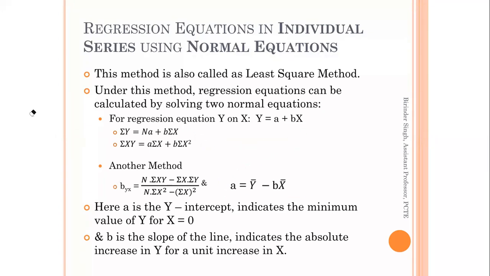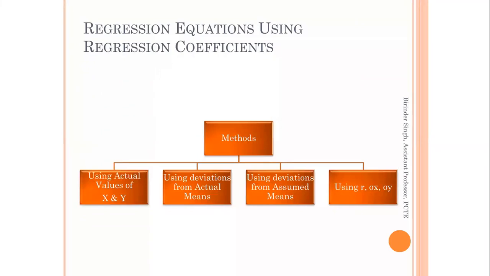So I'm going to explain this with an example so that you can understand the concept in a better way. There are different methods of finding the regression equations using the regression coefficient. One, by using the actual values of x and y.